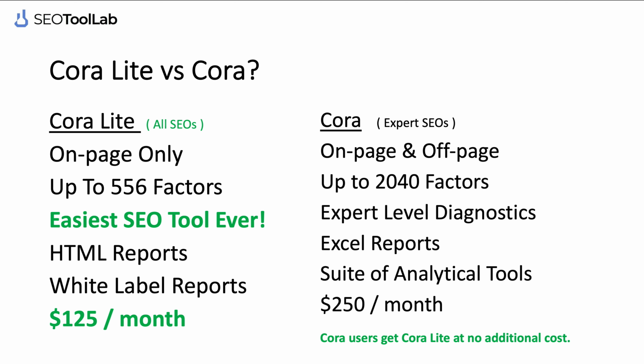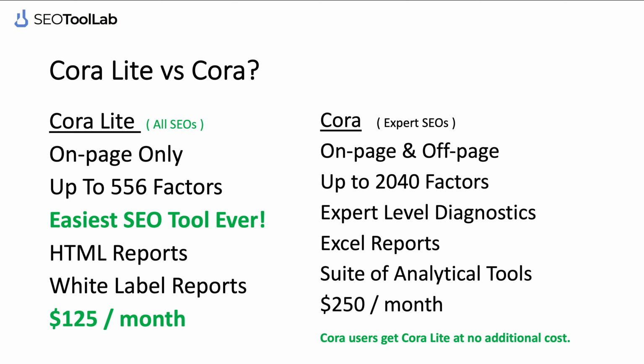Cora Lite, in my opinion, is the easiest SEO tool to master ever, hands down. It's the simplest to use, it's the simplest to understand, it's very limited in scope and presentation, and it's very well documented.